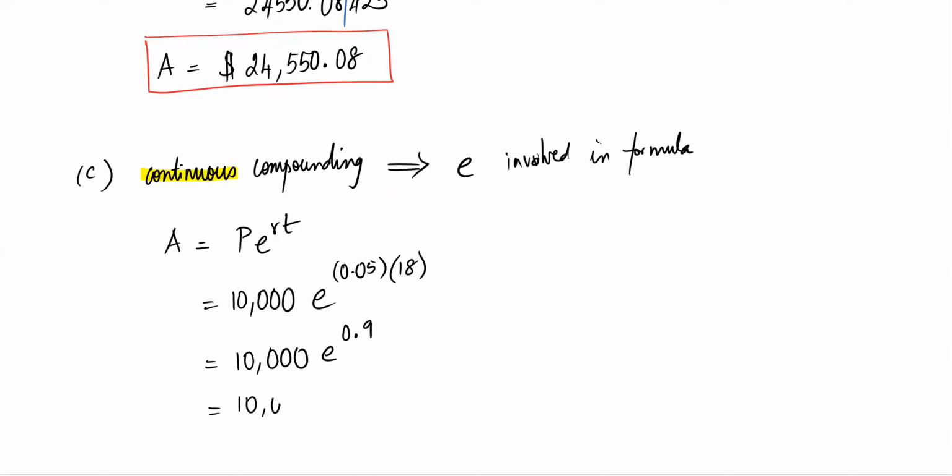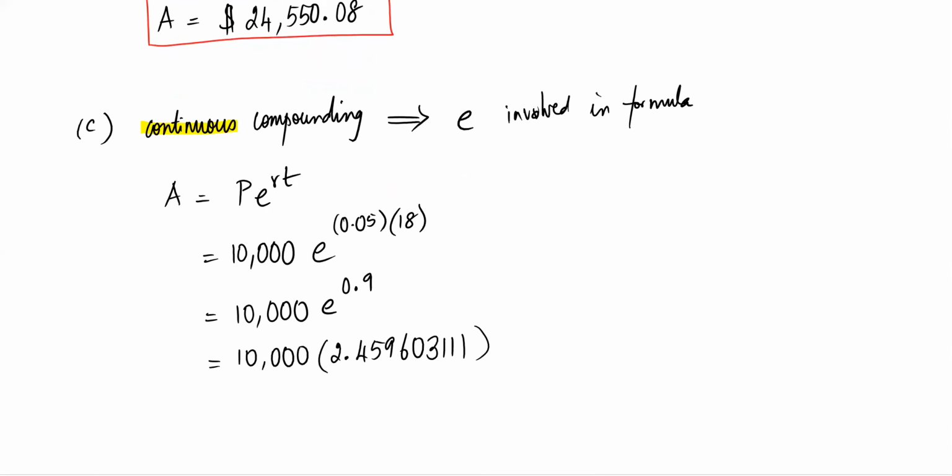I'm still not multiplying the 10,000. This E power 0.9 gives me a number like this, 2.459603111. Now, ideally, you'll keep this as you see in the calculator and multiply 10,000 to that number. That gives me 24596.03111.